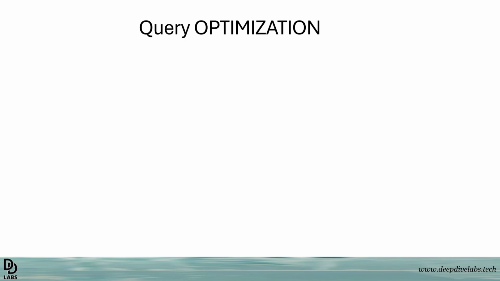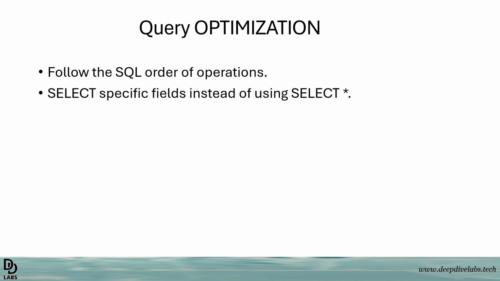As we start writing queries, it's very important to remember some best practices. Whenever we write a query, follow the SQL order of operation. Select specific fields or columns instead of just doing select star.